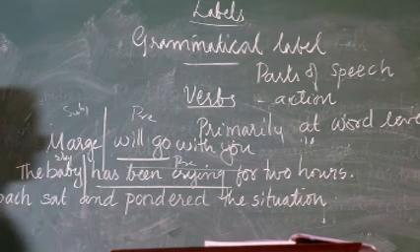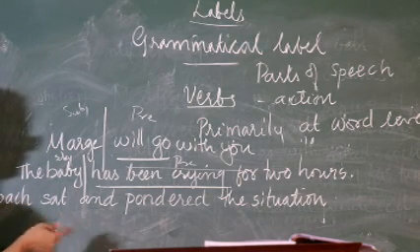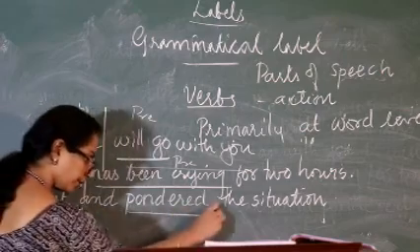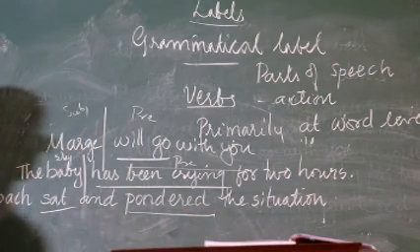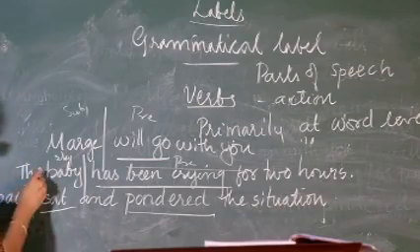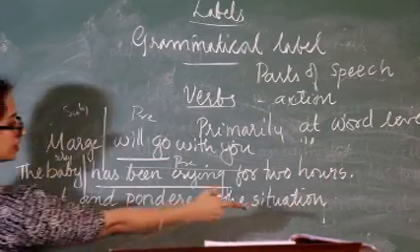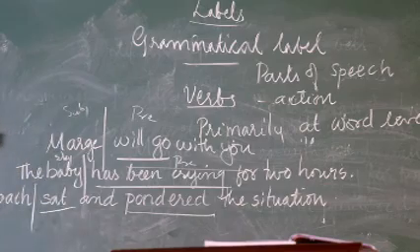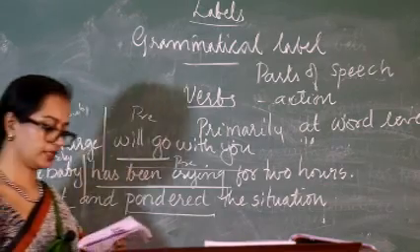How many verbs do we have? We have two verbs, "sat" and "pondered." Again, how is it divided? "Sat and pondered the situation" will become the predicate.